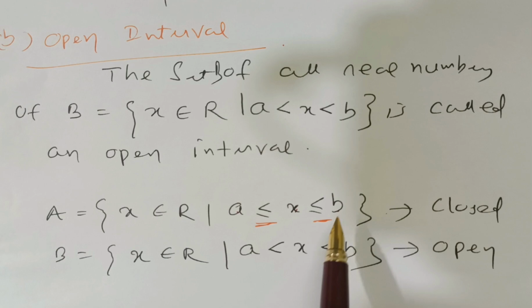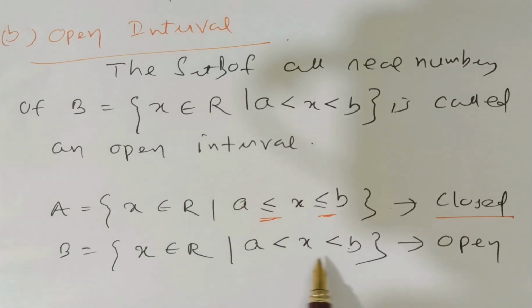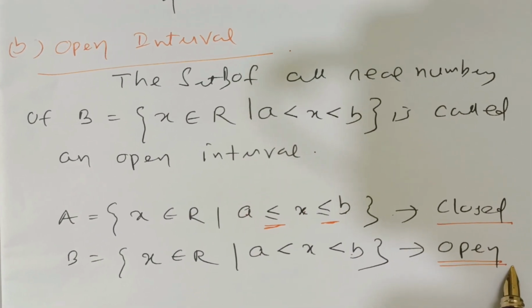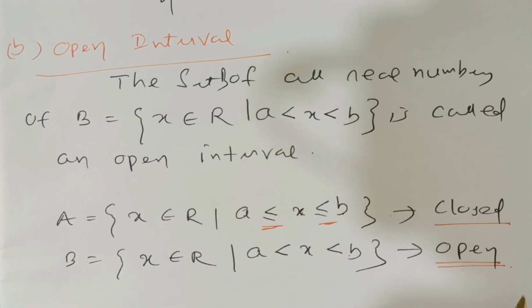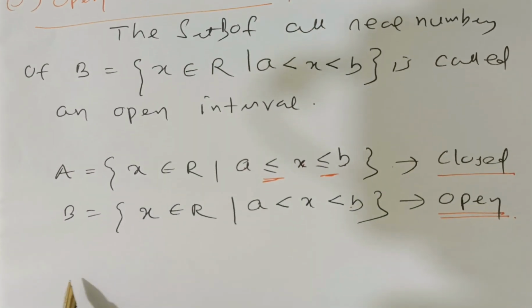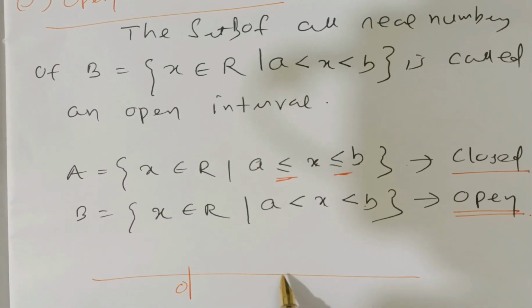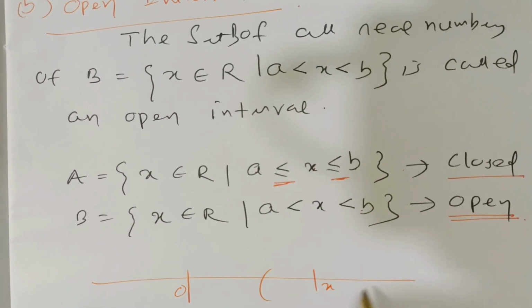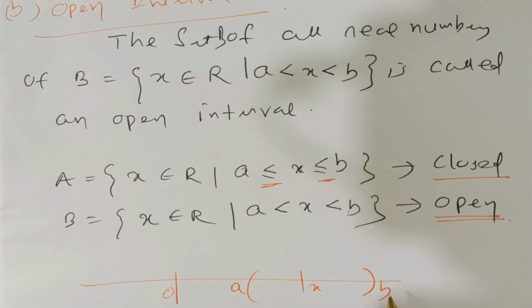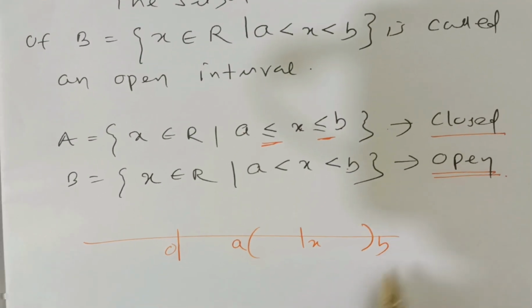When endpoints are also included in the set, the interval is called closed. If endpoints are not included in the set, this is known as an open interval. And the open interval is noted, friends, like this. This is the real line, say this is 0, say this is x. This is an open interval A and B, and it is noted by the parentheses or the round brackets.